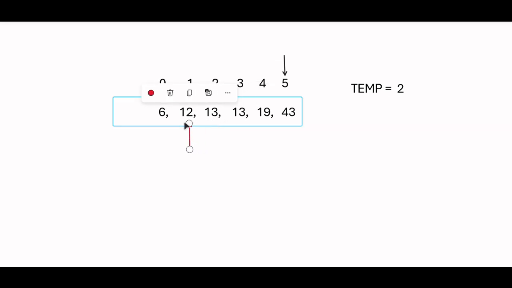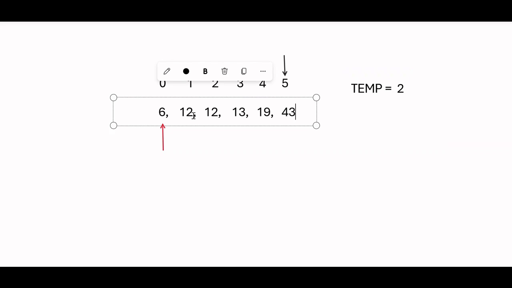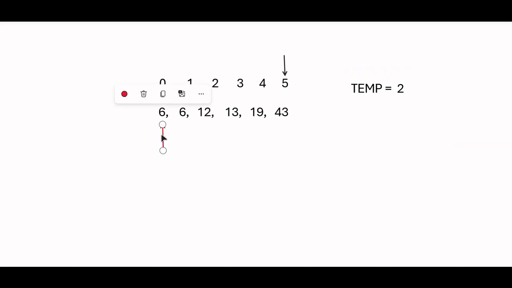Temp is lesser than the jth element, therefore what is in j has to override the j plus 1th position. So 12 will overwrite a 13 and j is decremented. Temp is lesser than the jth element, so what is in j has to override the j plus 1th position. So 12 will be overwritten with a 6 and then j is decremented.